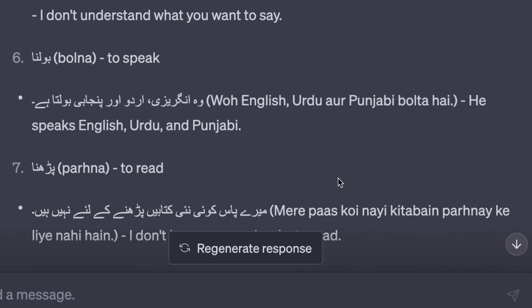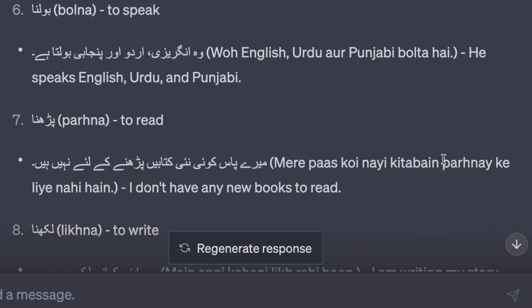In this case as well, it is going into an oblique form, as you can see. पढ़ने के लिए means in order to read. मेरे पास means I have. नई means new. किताबें means books. मेरे पास, I have any new book, पढ़ने के लिए, in order to read.